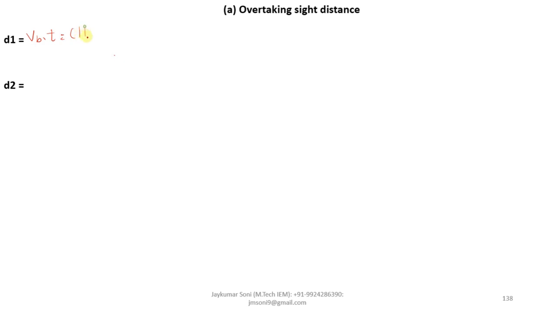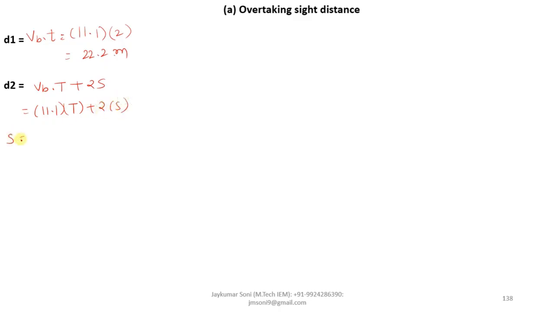We have the value of vb as 11.1 and the value of t as 2, so it will be 22.2 meter. The equation for D2 is small vb into capital T plus 2s. This is 11.1 T plus 2s.